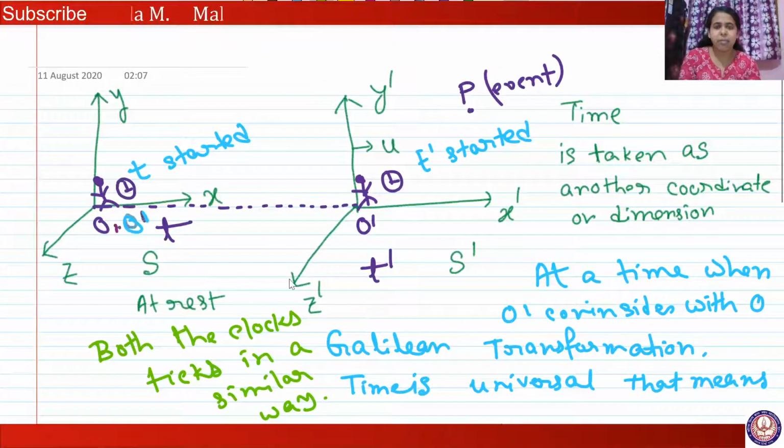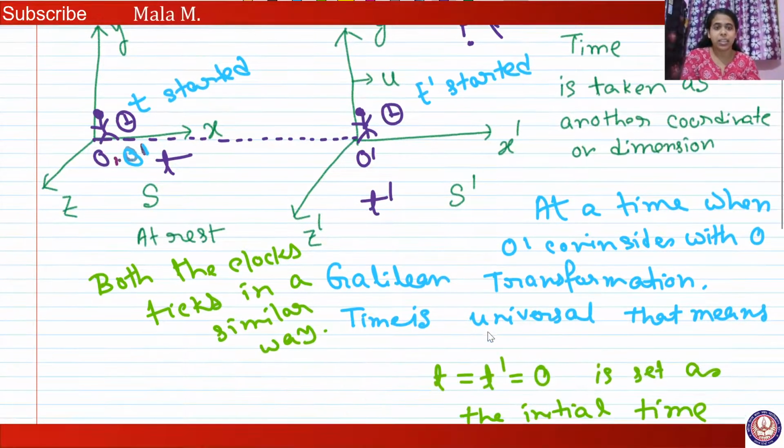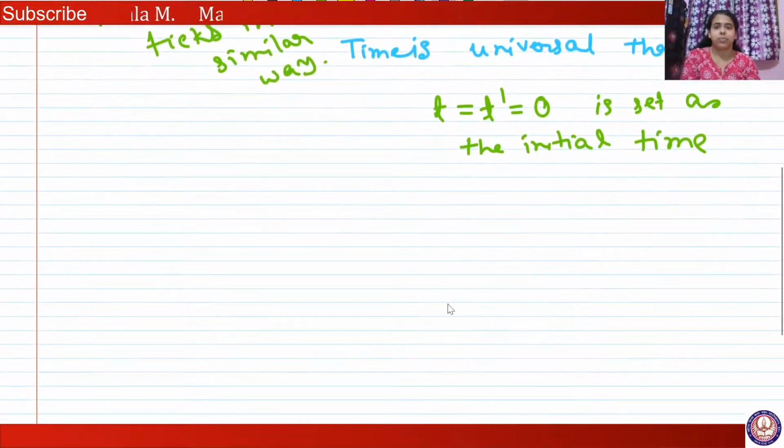Now as time elapses, after some time, these are the positions. Here is O and here is O prime. Now some event is occurring at point P. So if the event is occurring at point P, what will be the position? I have already discussed the position vector with respect to S and the position vector with respect to S prime. Now I have to mention another thing, time.